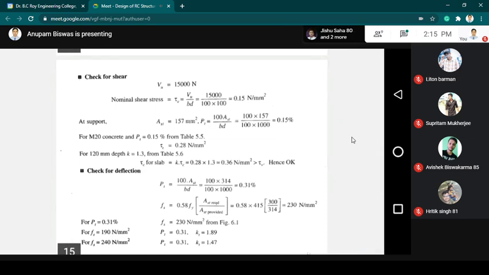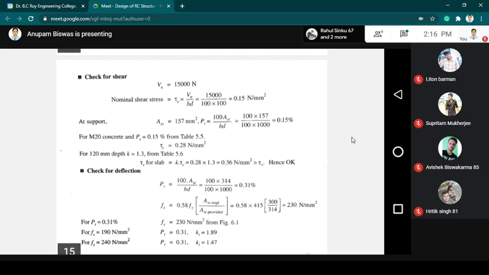And at support we have to provide the area of steel that we have calculated, that is 157 mm square. So 100 into AST by BD. So here it is coming 0.15%. Now from the table 5.5, as we have shown that for M20 concrete, the value of PT 0.15%, we have to get the corresponding value of tau C, that is 0.28, it will come.